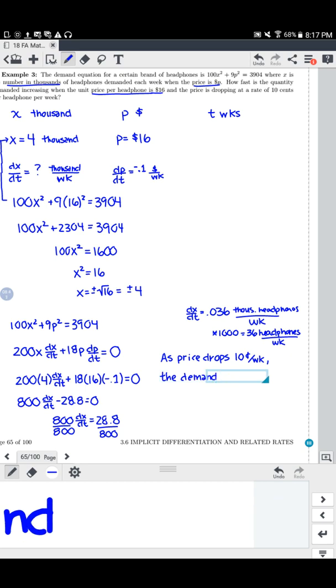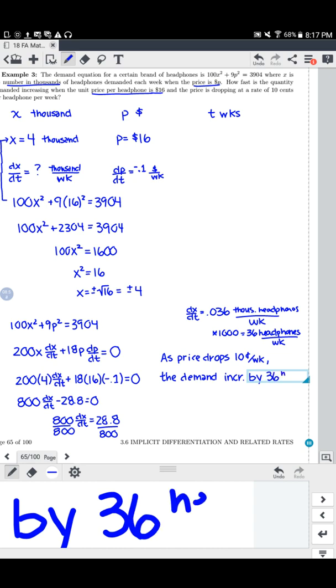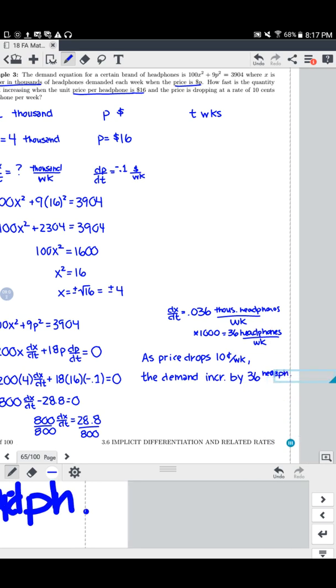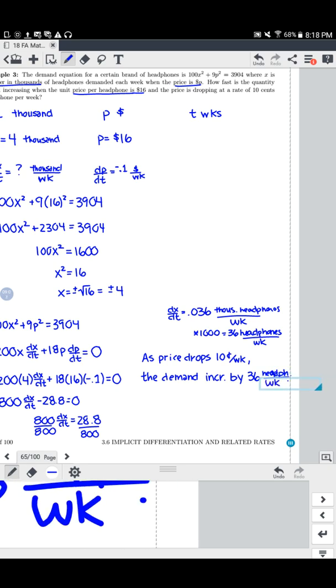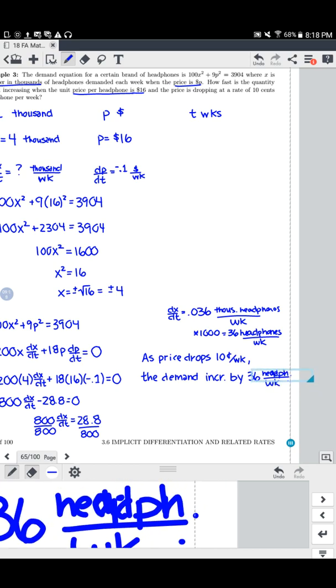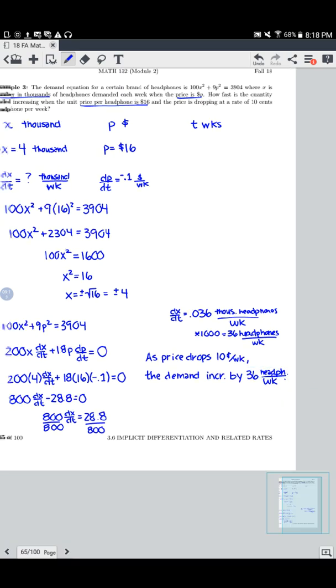Well, we have a positive derivative for our answer, so the demand increases by 36 headphones per week, which makes sense. If you drop the price, your demand should go up. Our demand goes up 36 pairs of headphones when our price drops 10 cents.